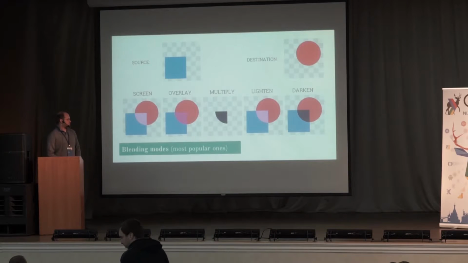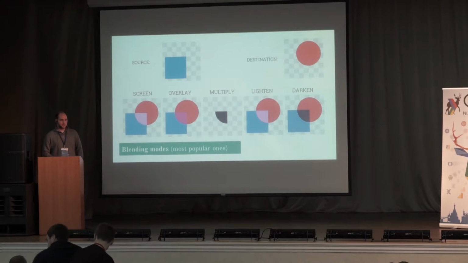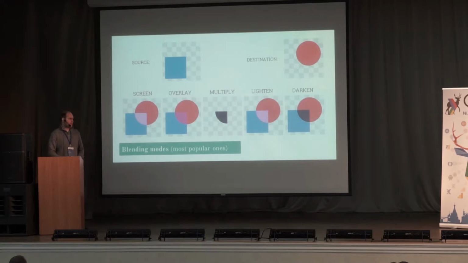And this is a basic overview of how blending modes work in the rendering engine. And these are the 5 most popular ones. Screen and lighten are sort of similar. I don't know if you can see, but screen is a bit lighter. And then multiply and darken are two darker shades, but multiply is a bit darker. So it's basically an equation that takes in 2 pixels and produces a third pixel on a bitmap.